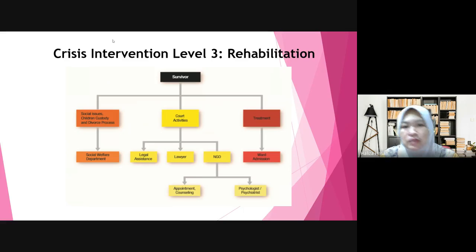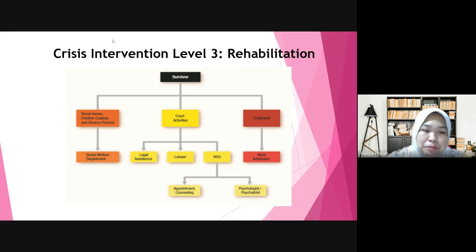Crisis intervention level 3, rehabilitation. For the survivor, we will continue to look at the social issues, children custody and the divorce process. For example, domestic violence among husband and wife.